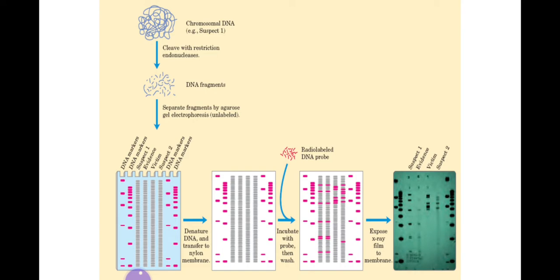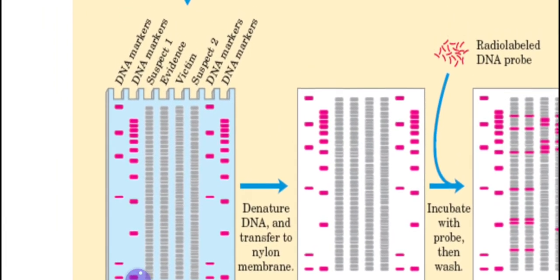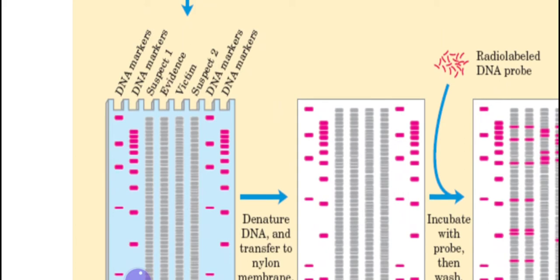For example, we have the electrophoresis of the DNA of two suspects. This is suspect 1, this is suspect 2, this is the victim, and these are the DNA markers to find out the size of the DNA fragments.